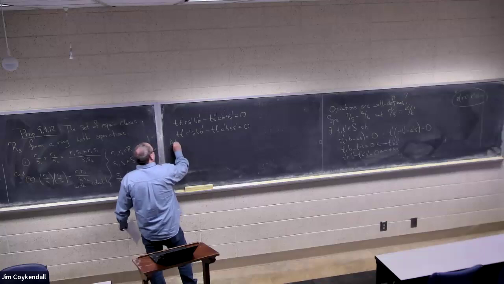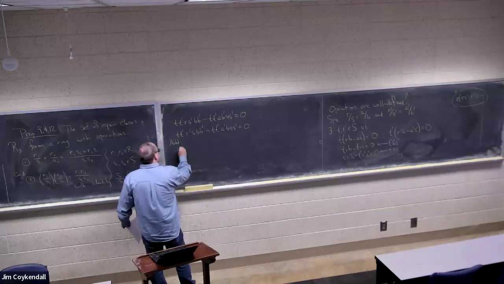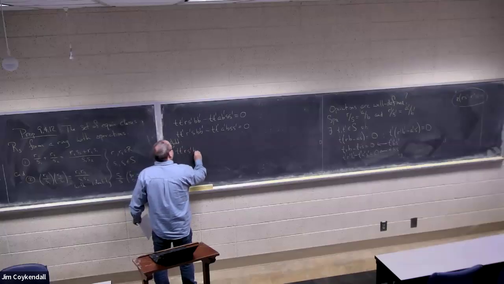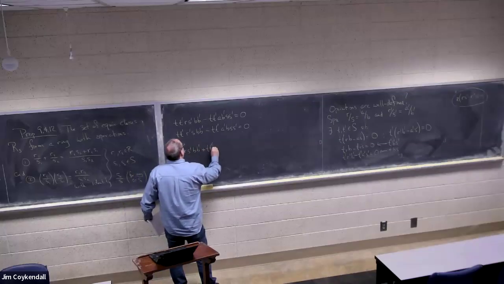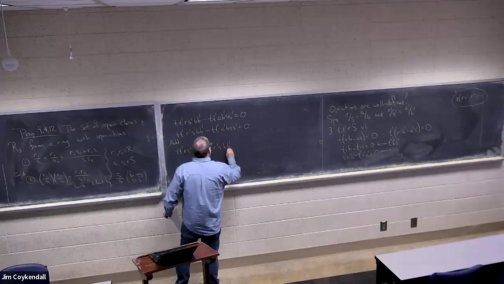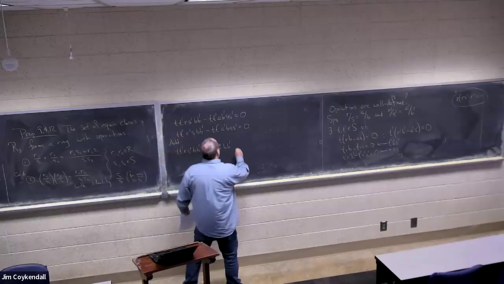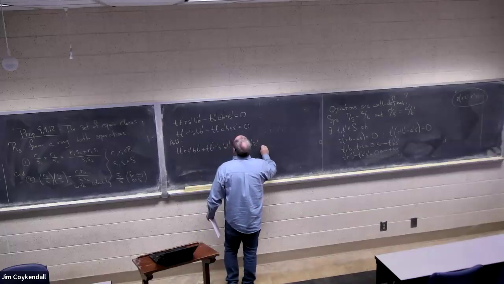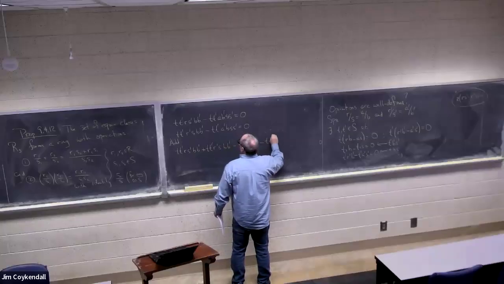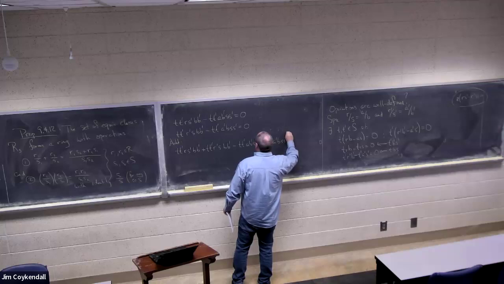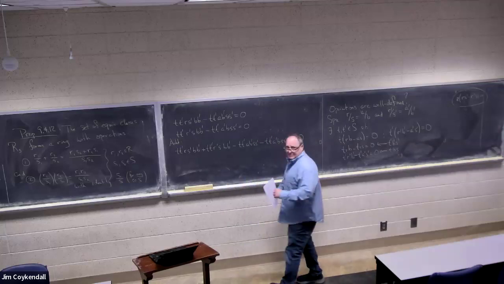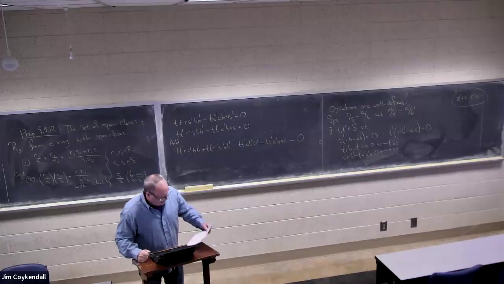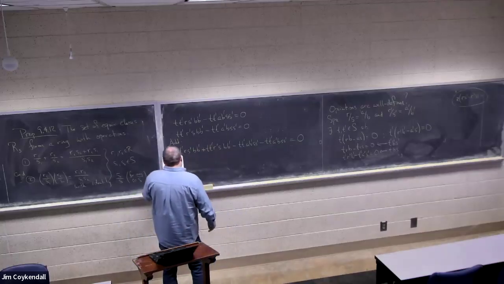I get RS prime BB prime plus R prime S BB prime, minus TT prime AB prime SS prime, minus TT prime A prime B SS prime.